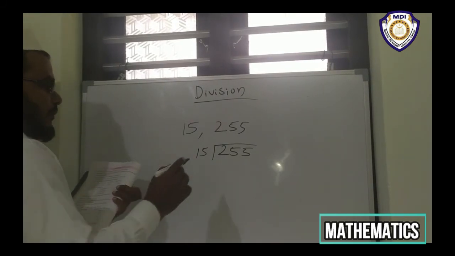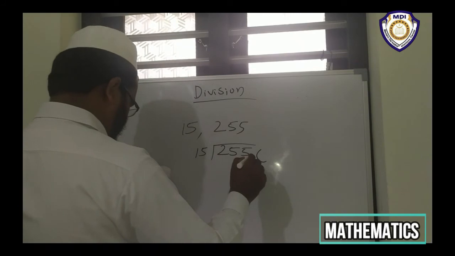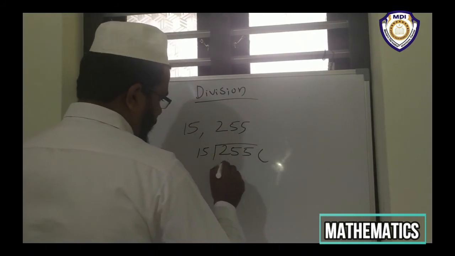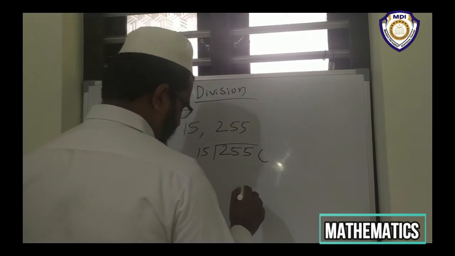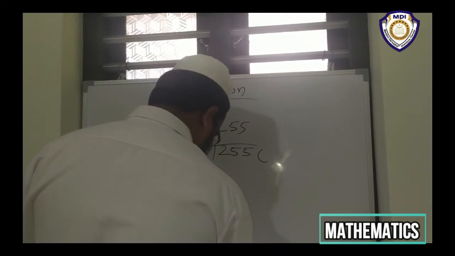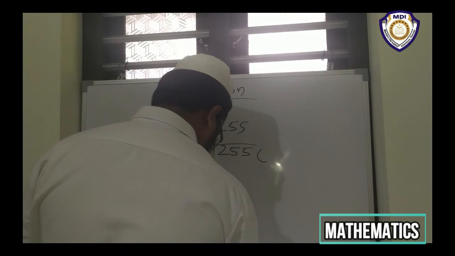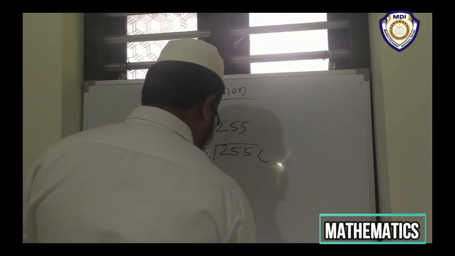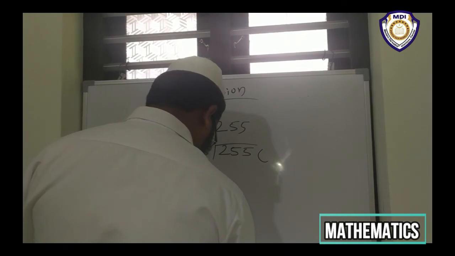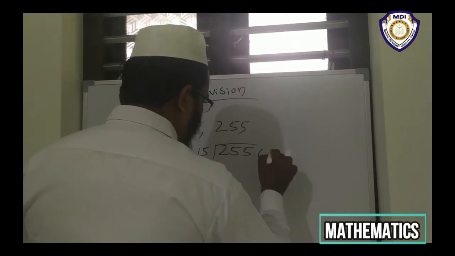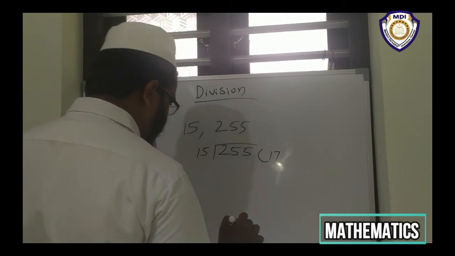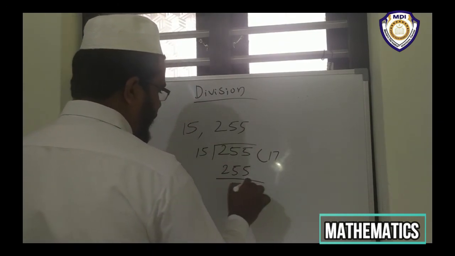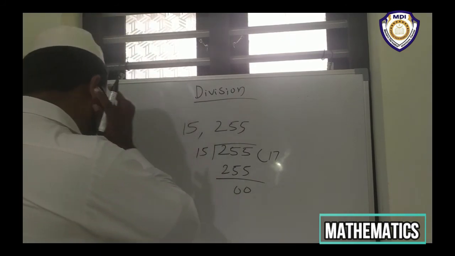How many times? 17 times 15 is 255, then 0.